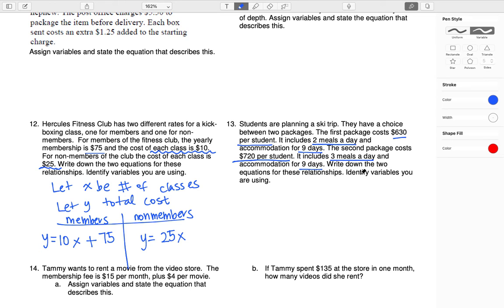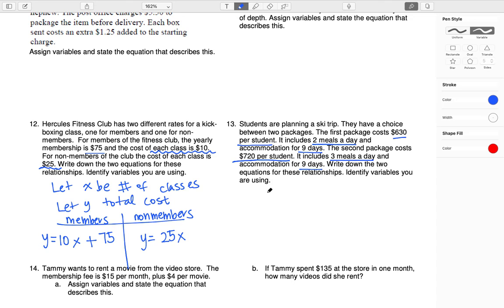Again, in this case, it involves a lot of variables because I see per student. But we just have to assume that one student is going. I need to figure out the number of days and the number of meals for the price.